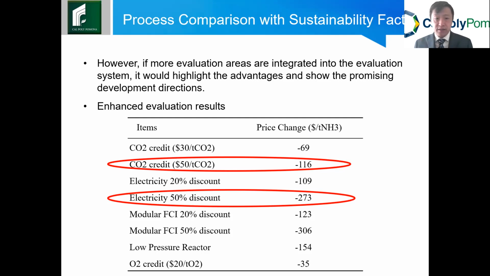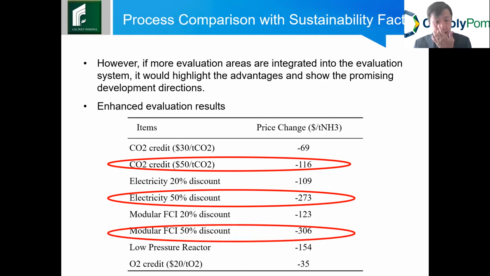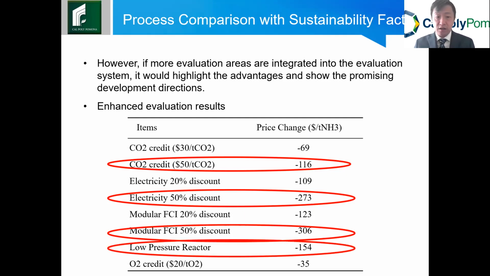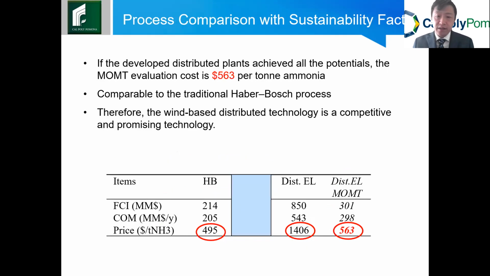We could manufacture them as a modular process, so it could reduce the cost of manufacturing, shipping, transportation, and installation. In that way, we also expect a big discount from that part. And also we could use a low-pressure synthesis reactor, and if we could sell oxygen, we could also get some credit from that. So by accounting for all those sustainable factors, let's see.